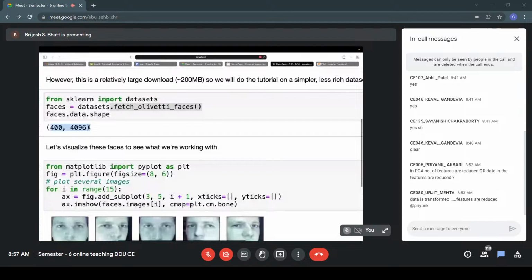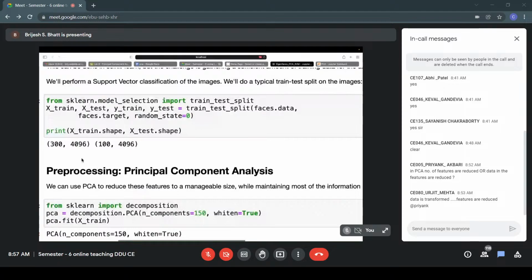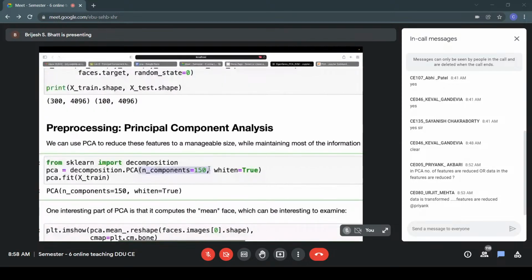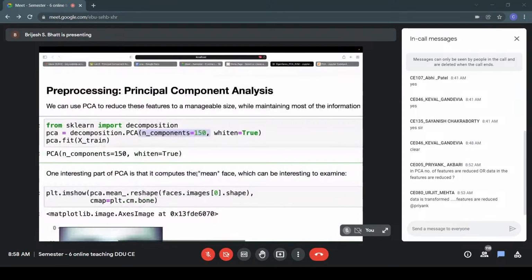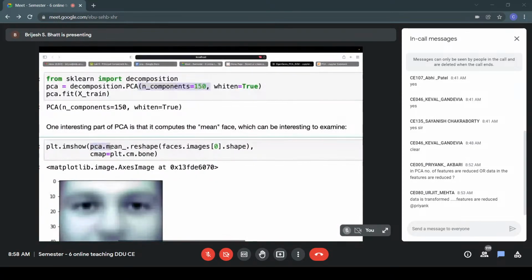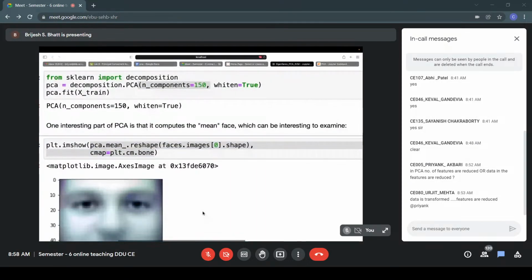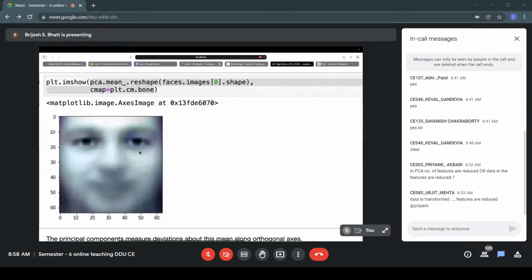So we want to reduce the dimension, up to 150 columns, so that n_components is 150. In our principal component analysis, n_components will be 150. And once you do the processing, you can also see the mean data reshape. So that data will be in a lower dimension space. And the reshaped image, you can see, looks like this.